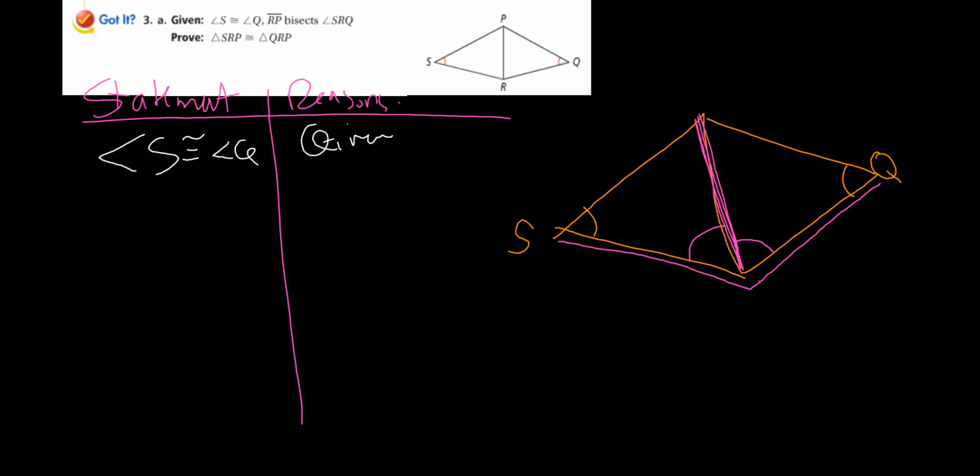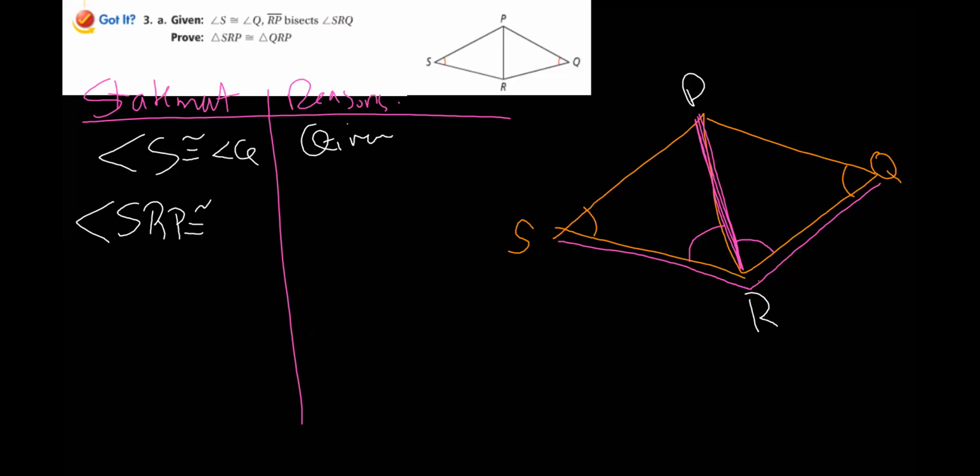Now, since the line PR bisects the angle, I can say the angle SRP is congruent to which angle?